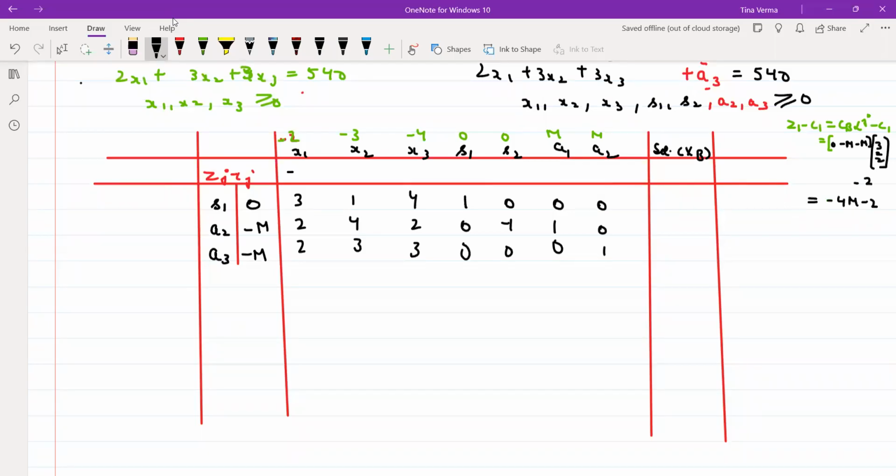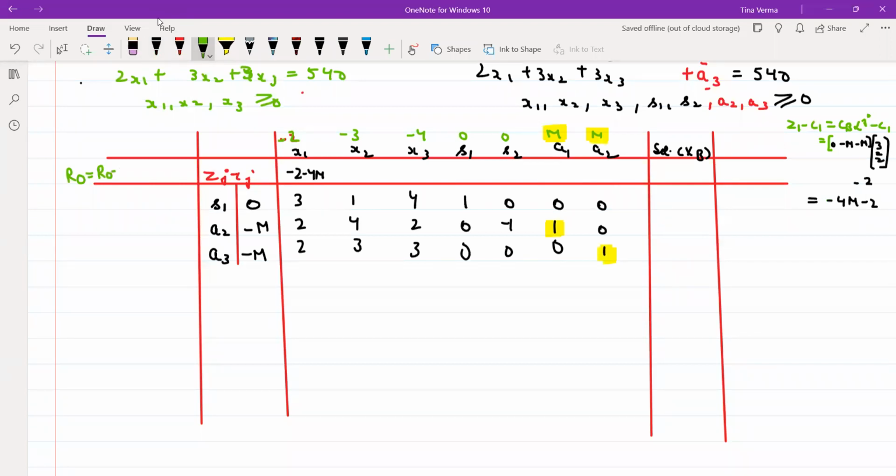So either you can apply the formula or you can use your row operation. How will you use the row operation? R naught. You have to make this M as 0 and this M as 0 with the help of this one and this one. You can apply the row operation.